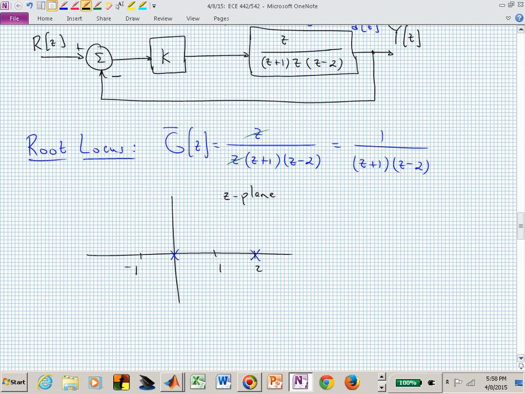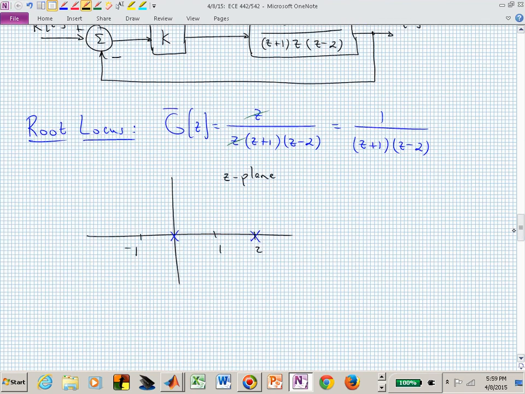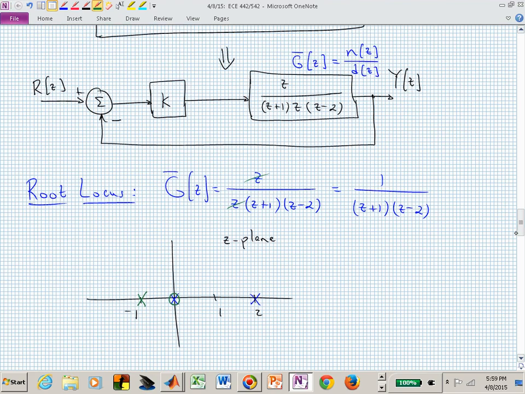What was my controller? I had a 0 at the origin and a pole at -1. So now I am going to introduce my controllers in green. I put a 0 right on top of that pole, and I introduced another pole at z equal to -1.